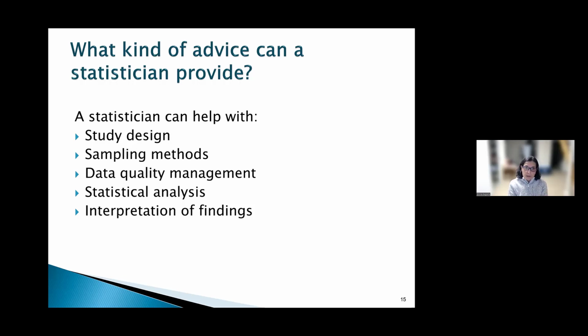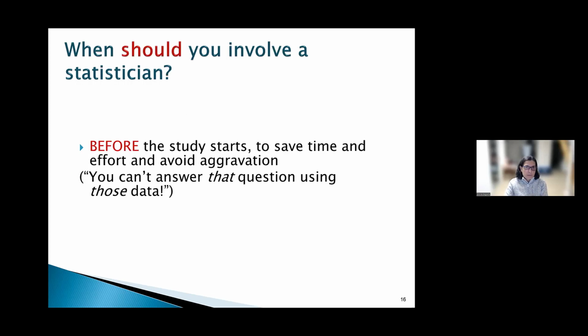We can help with sampling methods. Not all the sampling is the random sampling that you pull out of the population. We can help you with randomization, so we can help you with selecting particular populations. Obviously, we can help with statistical analysis and interpretation of the results of that analysis. And then again, we can offer some advice on data management and data quality, which is a very important aspect of research.